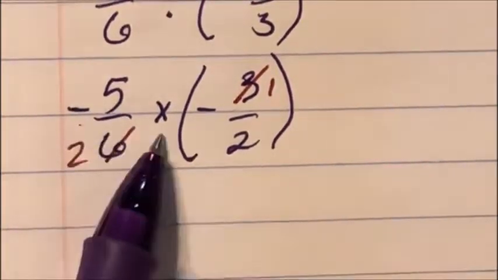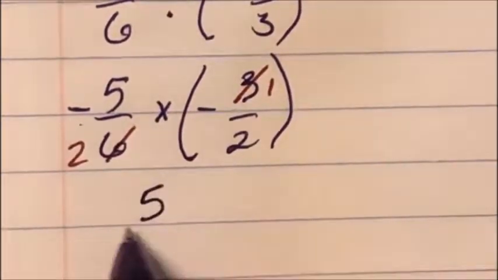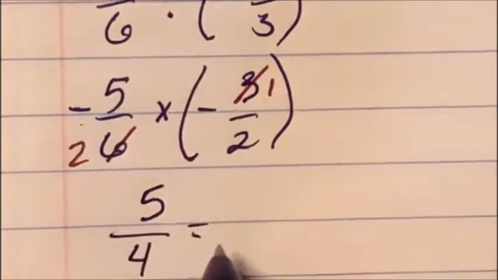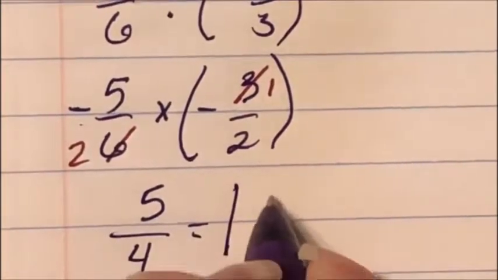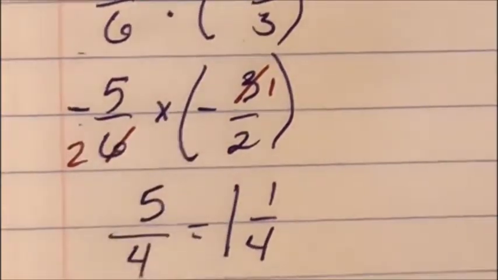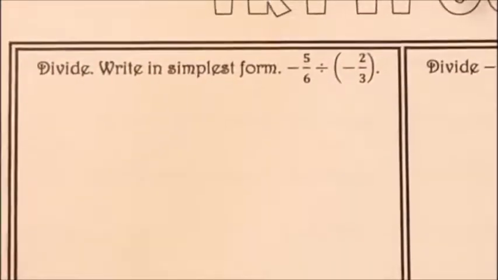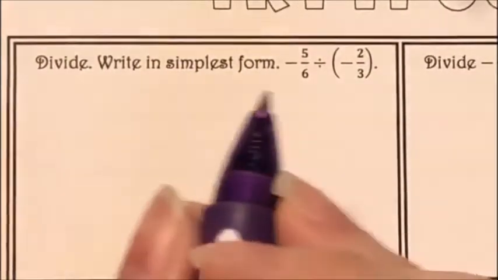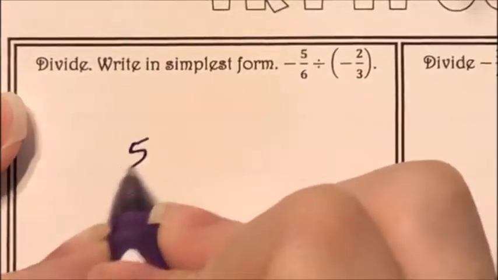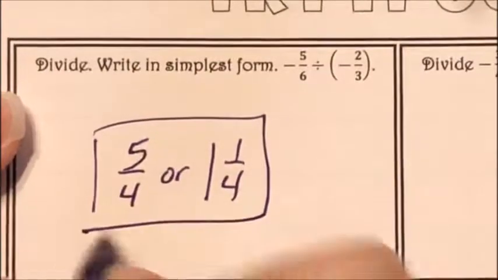So now I have -5 times -1 gives me 5. 2 times 2 gives me 4. So I get 5/4 or 1 and 1/4. Notice they're both negative, so I get a positive answer. So for -5/6 divided by -2/3, I can either have 5/4 or 1 and 1/4.